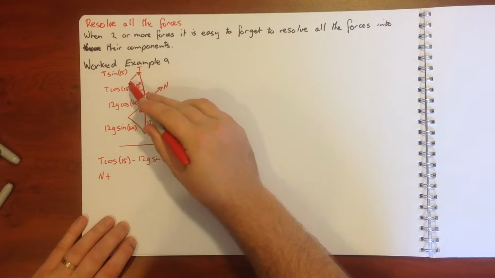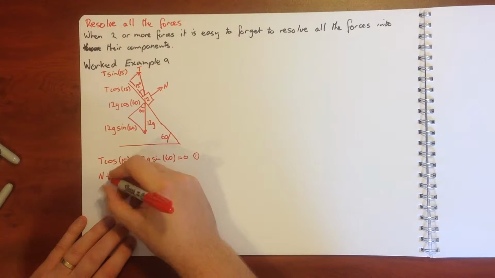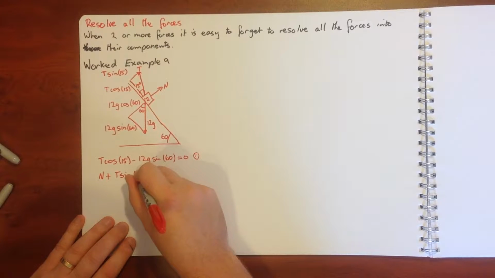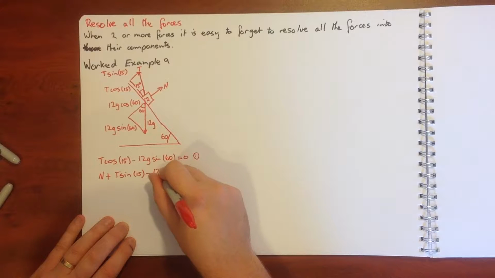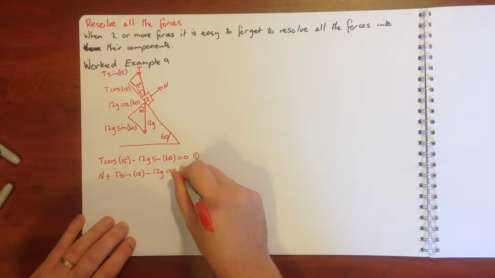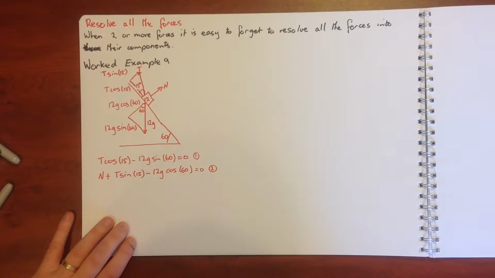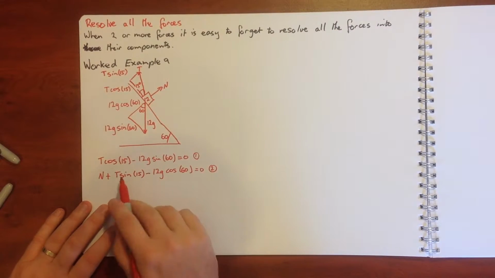You can't forget that because that's acting this way as well, at right angles to our plane. So we also need our T sine of 15 this time, minus our 12G cos of 60 also equals 0. And that's equation 2.